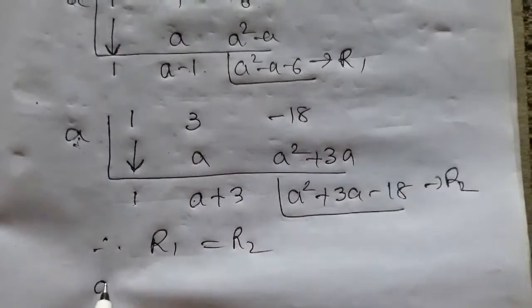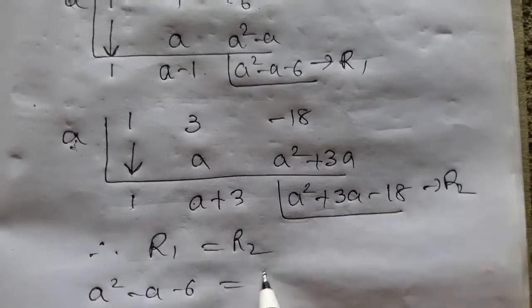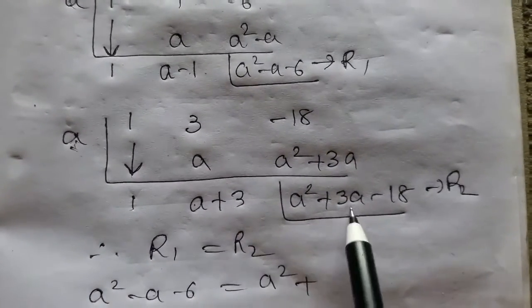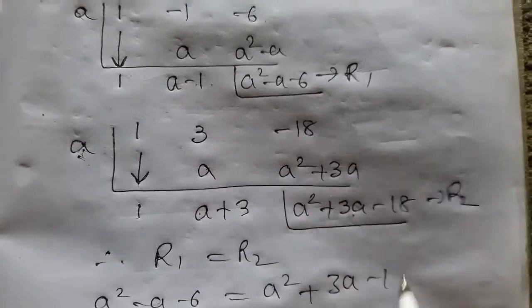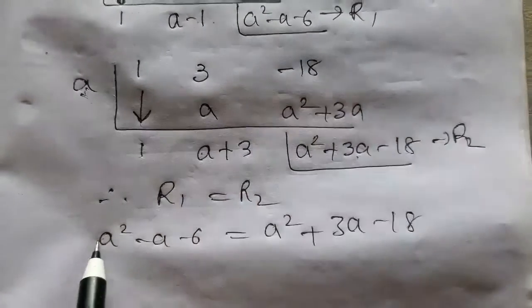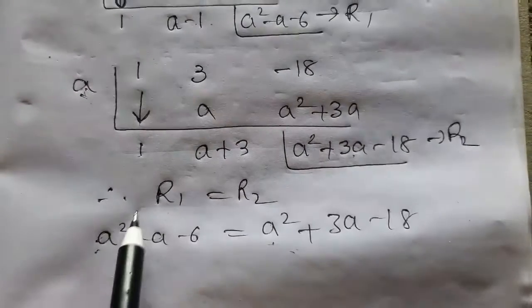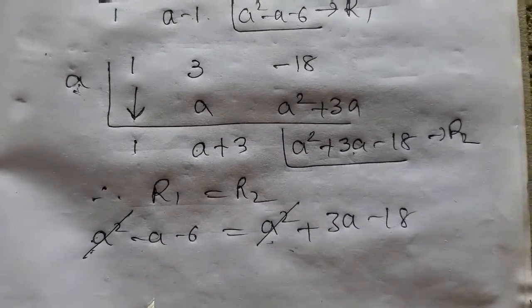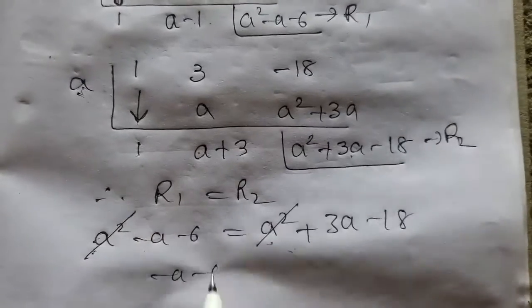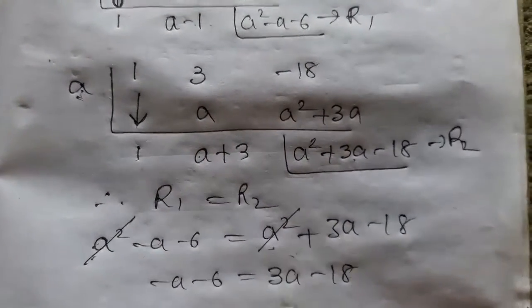Now see here, R1 equals to R2. R1 value is a square minus a minus 6, that is equals to R2 value, a square plus 3a minus 18. Both sides a square is common, so cancel that. Now what is remaining? Minus a minus 6 is equals to 3a minus 18.